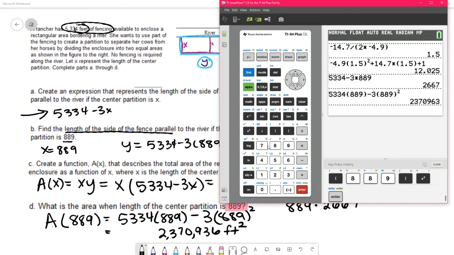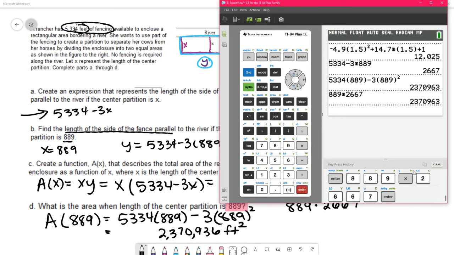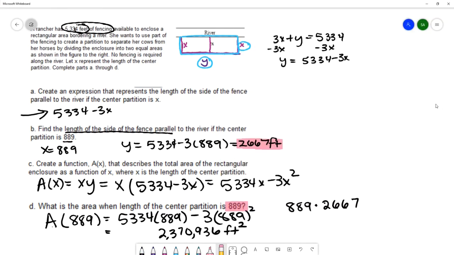So 889 times 2,667 also gives us that 2,370,963. So we get 2,370,963 square feet.